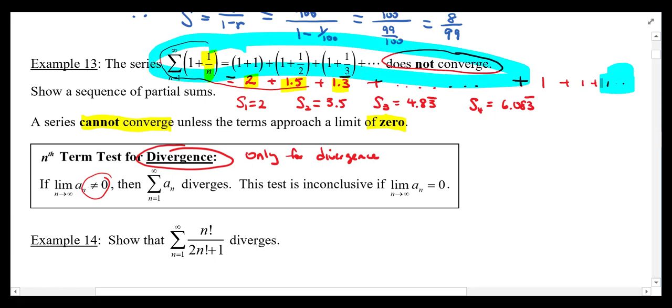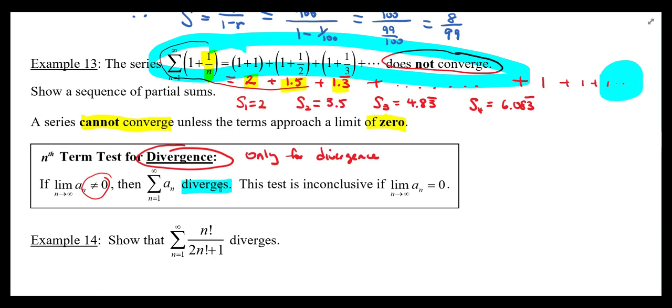Look at the end, when n approaches infinity, if it's not 0, then we know that the series must diverge. If it does equal 0, well, we can't say anything. Okay? So only if it's not 0, we can guarantee it diverges. If it does equal 0, stay tuned for the rest of the unit.